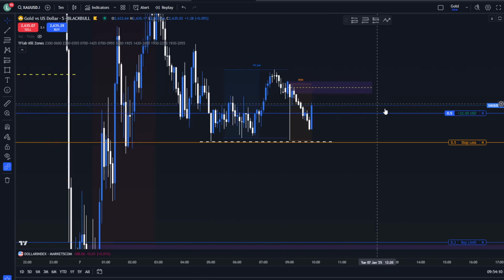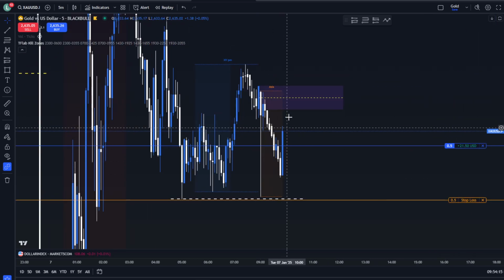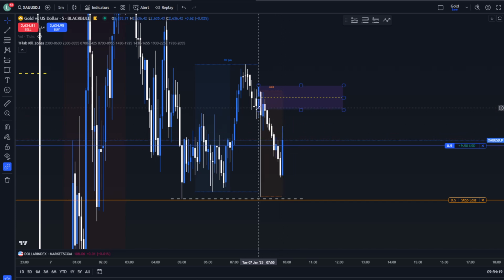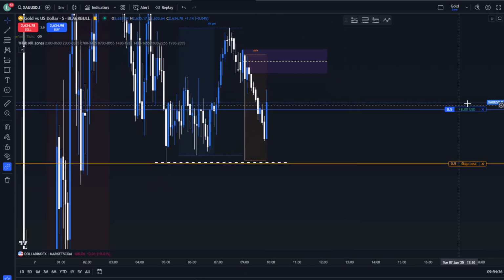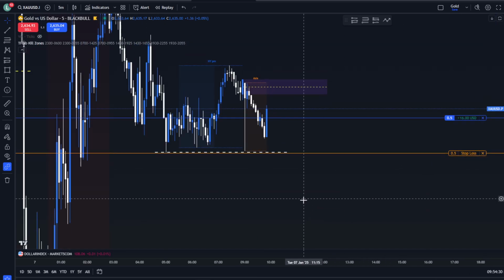Not the best level for an order block, but if we wick up into that, we're getting some pretty heavy price action right now. It looks like manipulation, and if we do wick up into that and see it quickly retrace, then we could be looking at more downside price action.